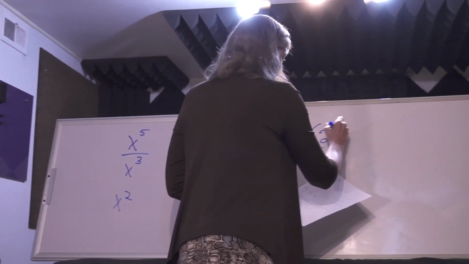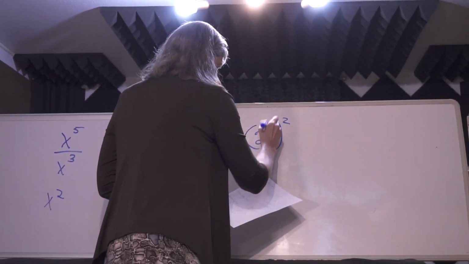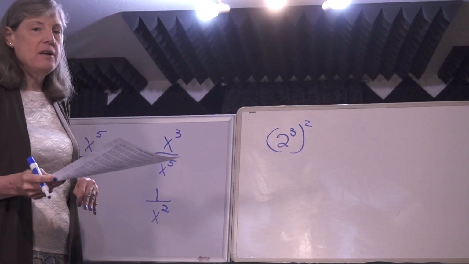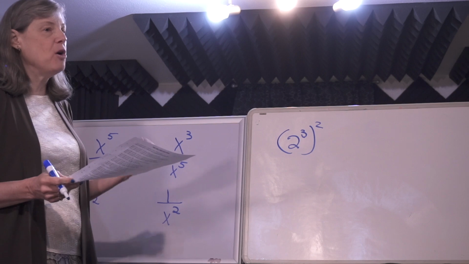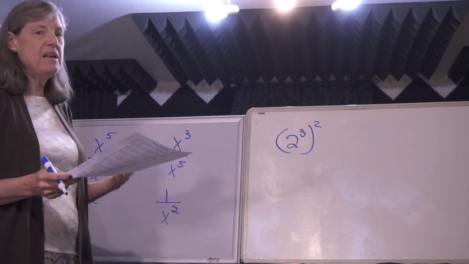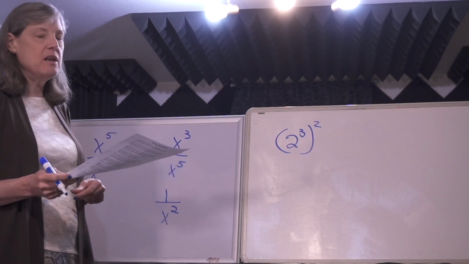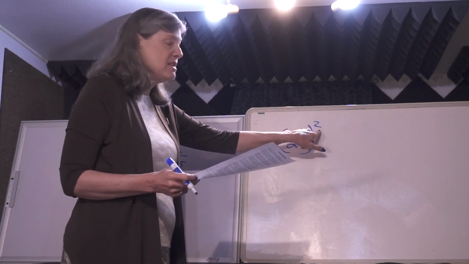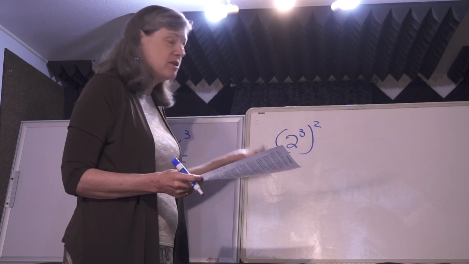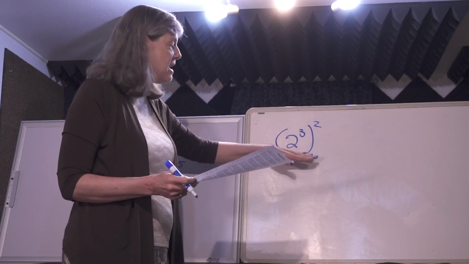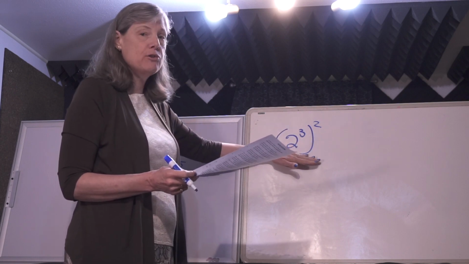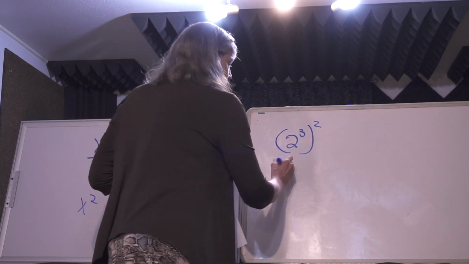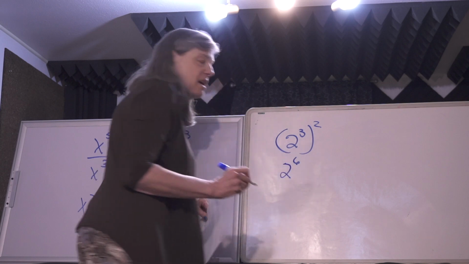Then we have something called the power rule. Okay, remember the definition of exponents is multiply the base by itself the exponent number of times. So my base here for this exponent, when it reaches out, it's touching the parentheses. That means my base is the 2 to the third. Well, I'm just going to multiply these two, and so I get 2 to the 6th.